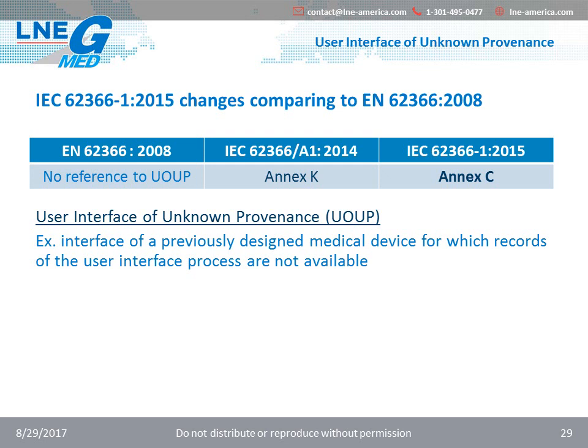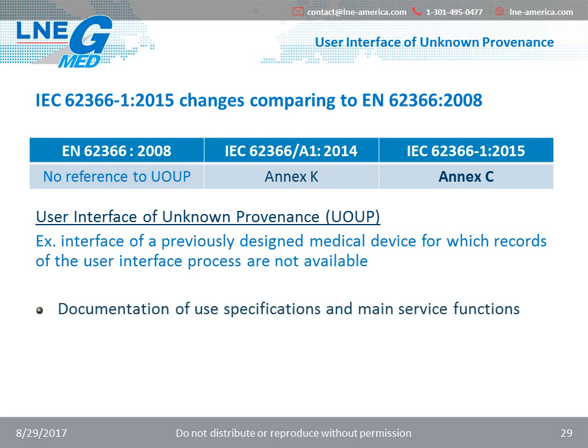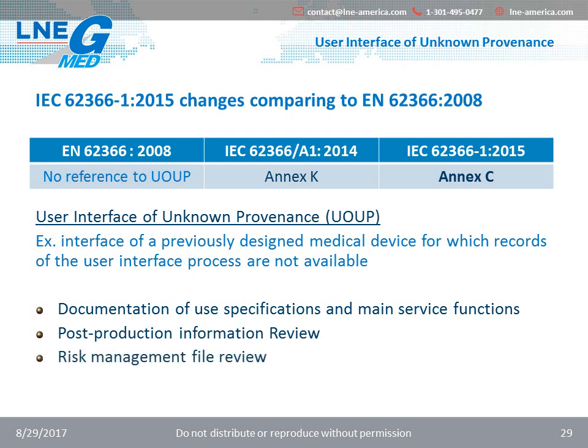Requirements of Annex K and Annex C replace the requirements of clauses 5.1 to 5.9, the 9 steps of the usability engineering process, to evaluate the user interface of unknown provenance. This evaluation mainly focuses on documentation of use specifications and main service functions, on post-production information review, on risk management file review, and finally on review of accompanying documents.